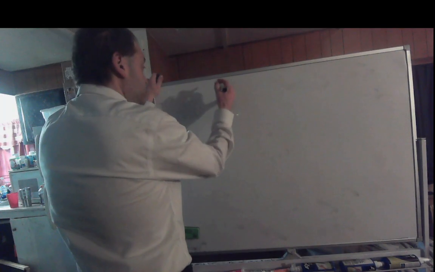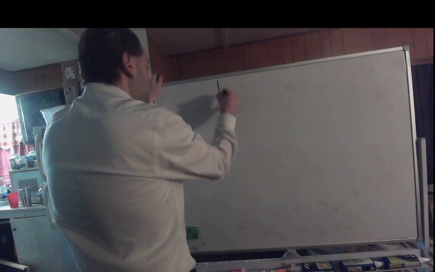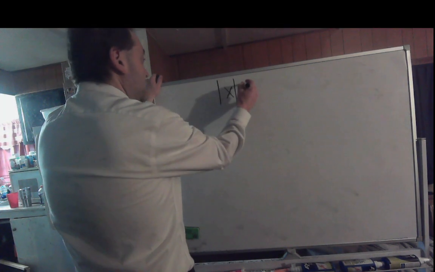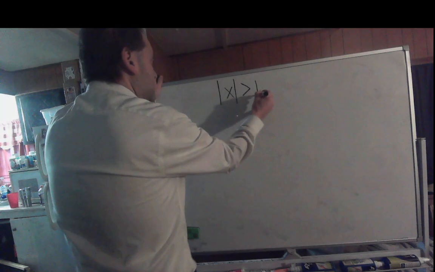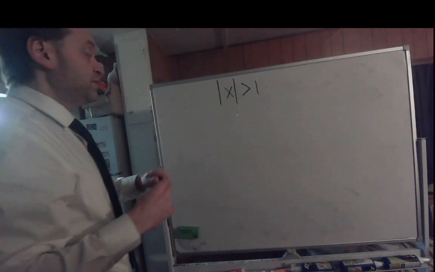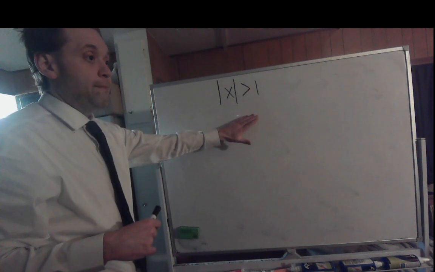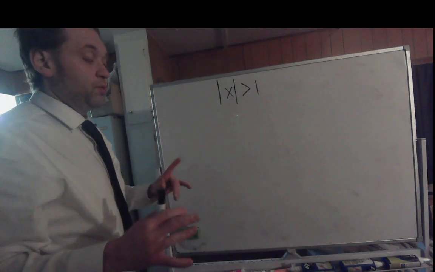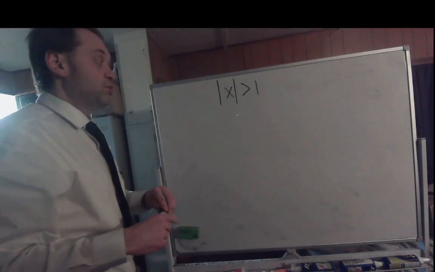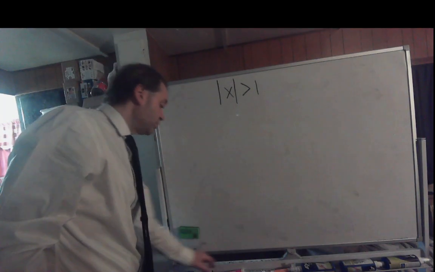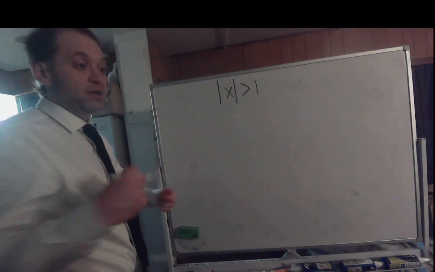Let's say we'll do something simple here. Let's say we have the absolute value of x is greater than 1. If it's greater, I'm going to show you how this works. You're going to solve this much like you would for an equality, but it's different.